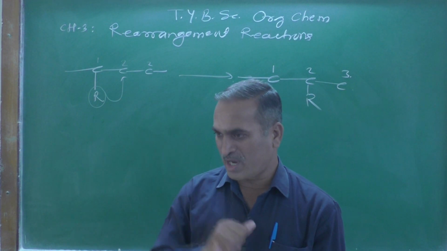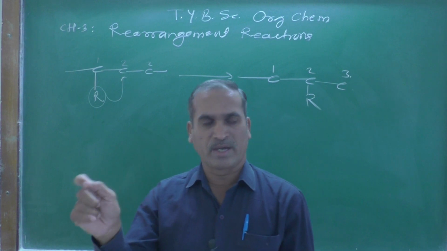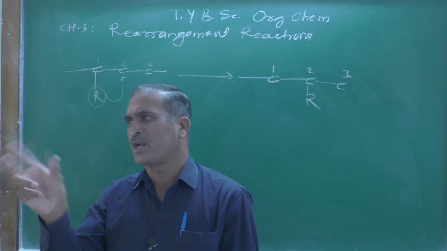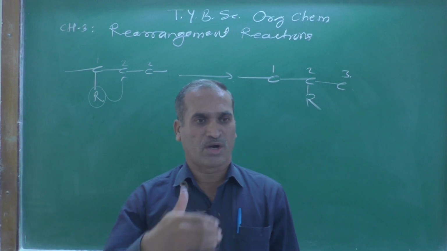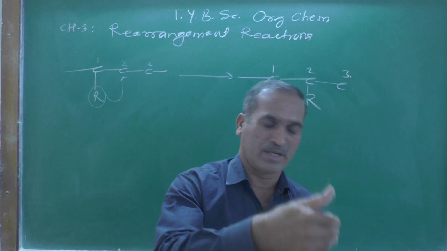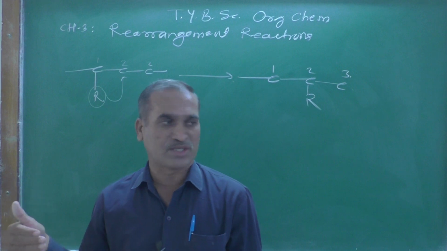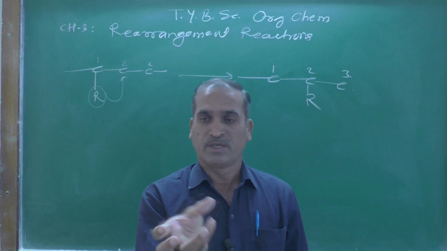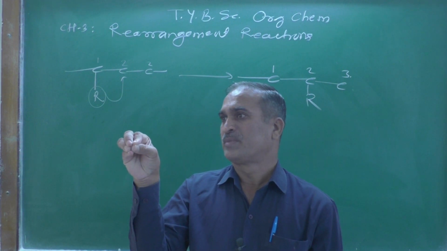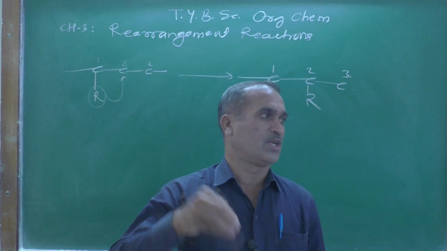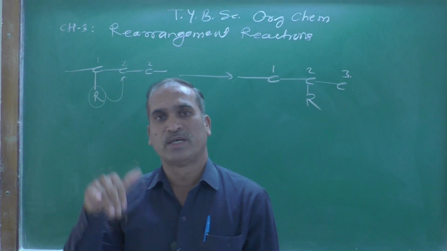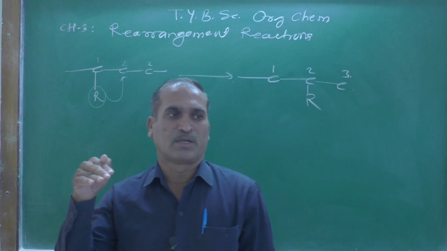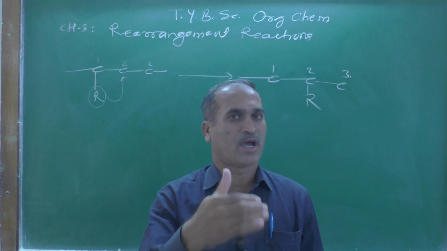In ionic mechanisms, we know that positive and negative charges, or minus delta and plus delta charges, develop, and that type of induced polarization is developed due to the heteroatom present in the compound.